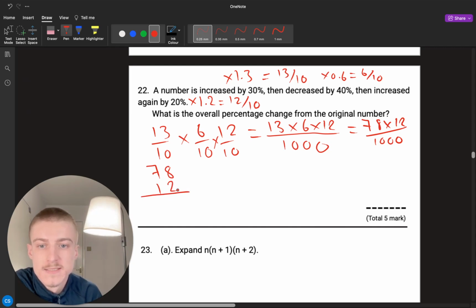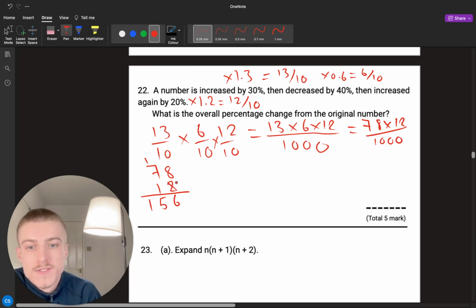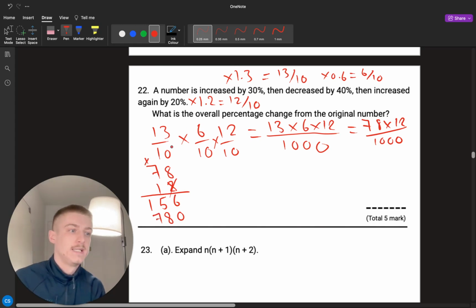2 times 8 is 16, carry the 1. 2 times 7, 14, add the 1, 15. Done the 2, put a 0. The 1 times the 8 is just going to be 8. And 1 times 7 is 7, giving 780.